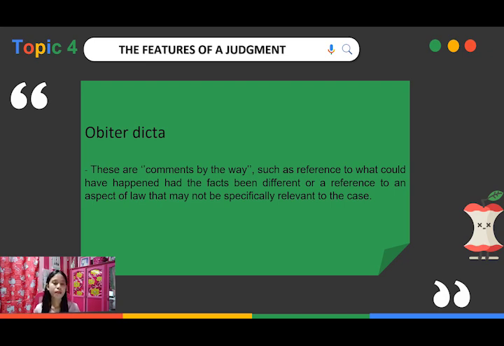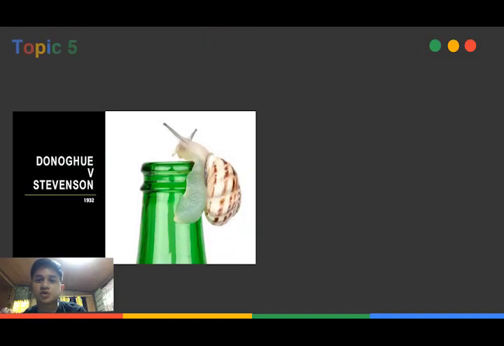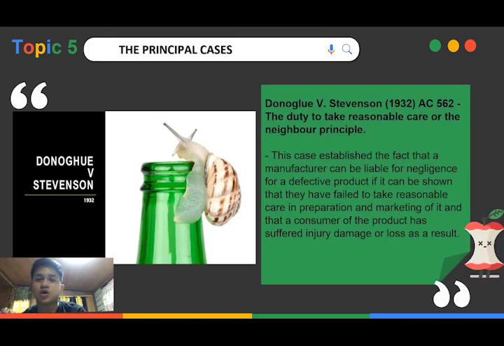Those are cases where many people are affected but not given a chance to take action on the matter. This principle is that one must take reasonable care to avoid acts or omissions that could reasonably be foreseen as likely to injure one's neighbor.